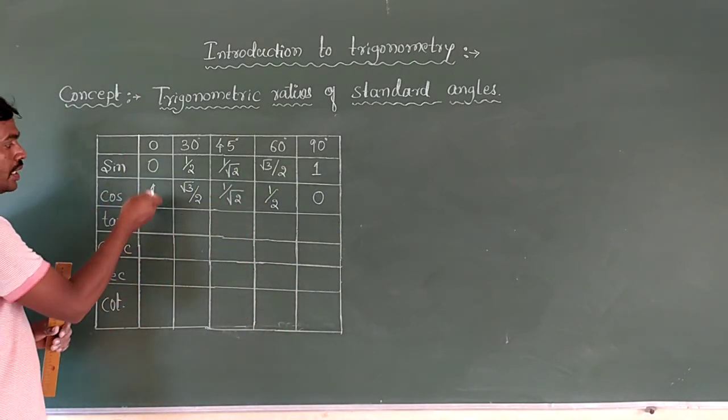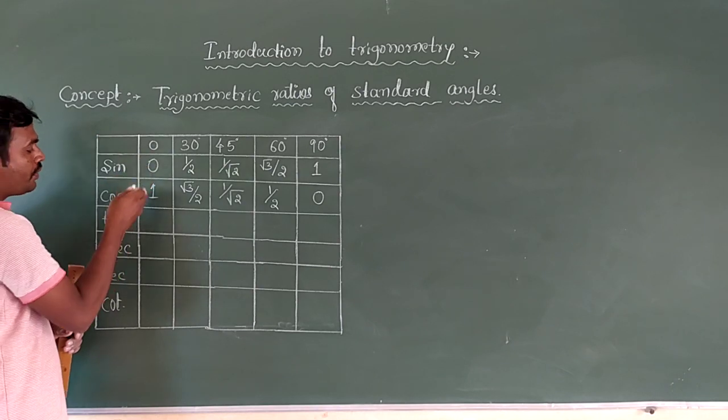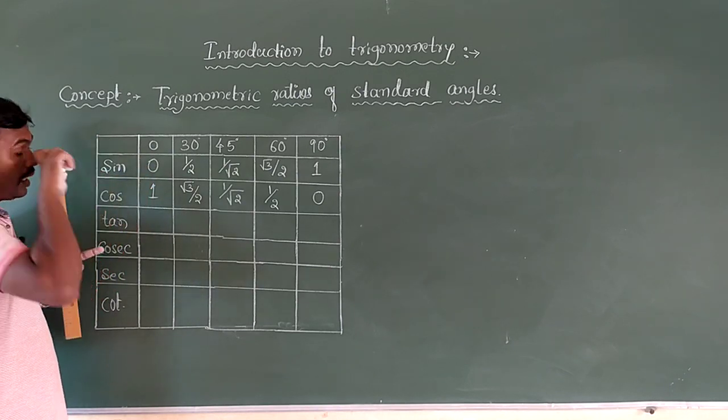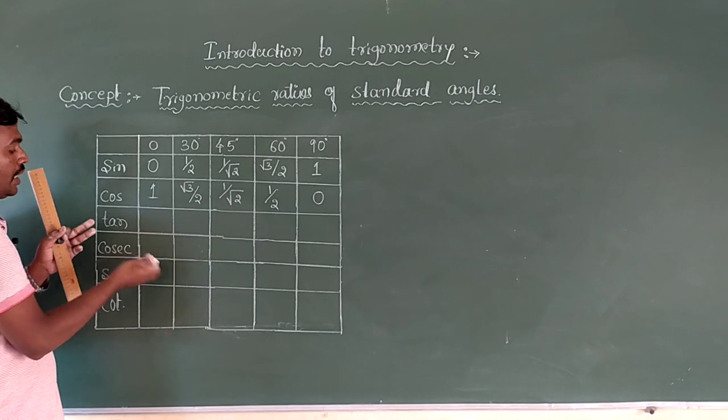Take the ratio of sine and cos, then you will get the tan. This is a very important trick to write the next, tan.